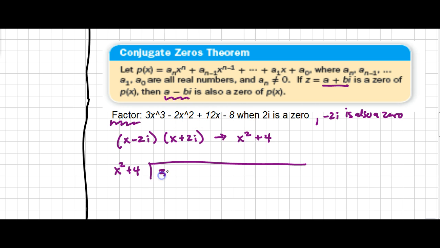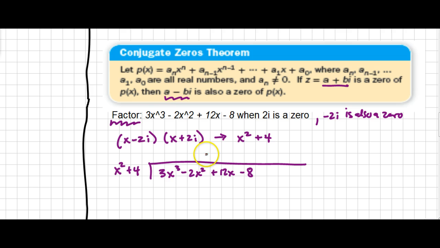So I'm going to rewrite the polynomial as 3x cubed minus 2x squared plus 12x minus 8. So now I'm going to do long division, and my final answer up top is going to be my last factor. I have 2, I need a third because it's a degree 3. X squared into 3x cubed. So what times x squared is 3x cubed?